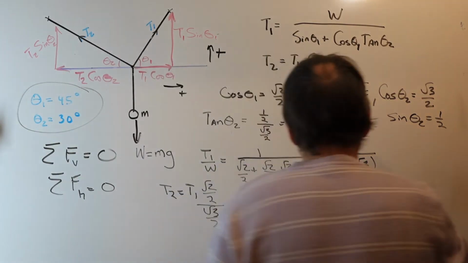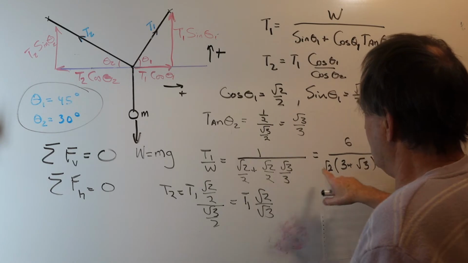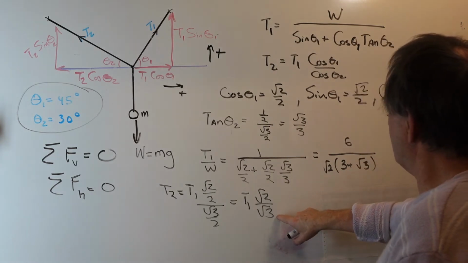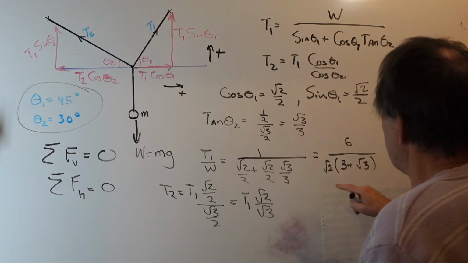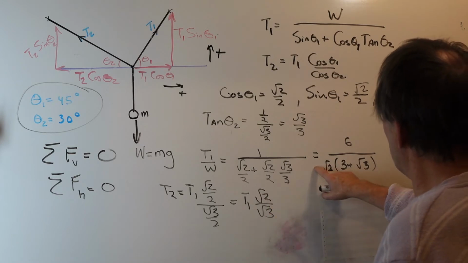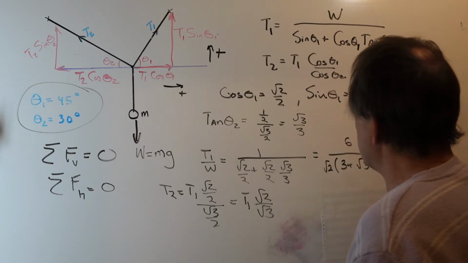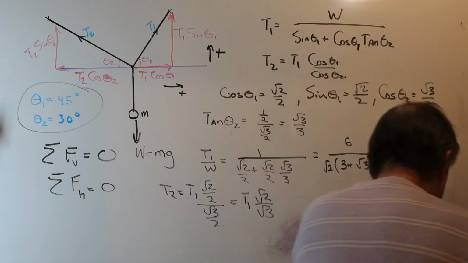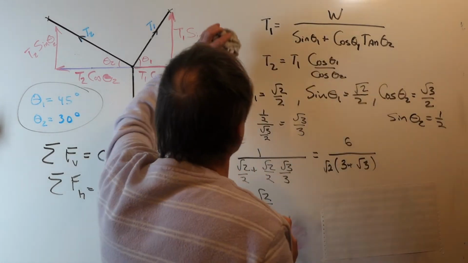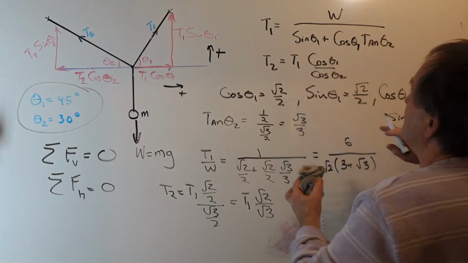So if we multiply T1 over W by square root of 2 over 3, we see that the square root of 2's will cancel and it'll just be square root of 3 times this. So we'll write that out here. I'll get rid of this here.